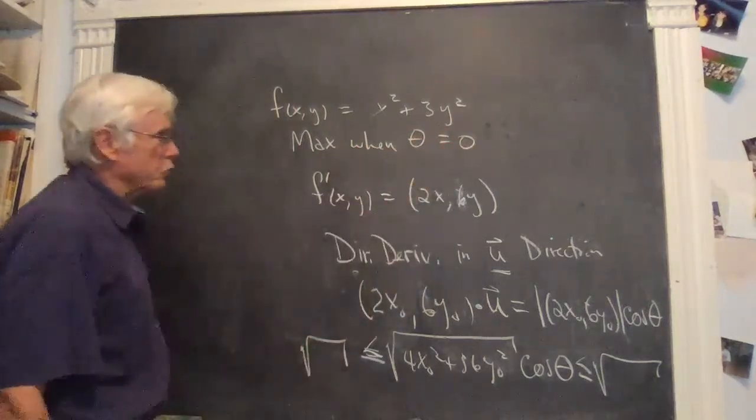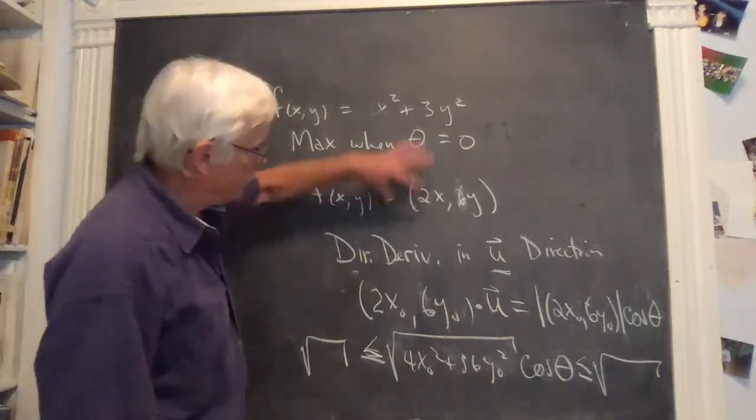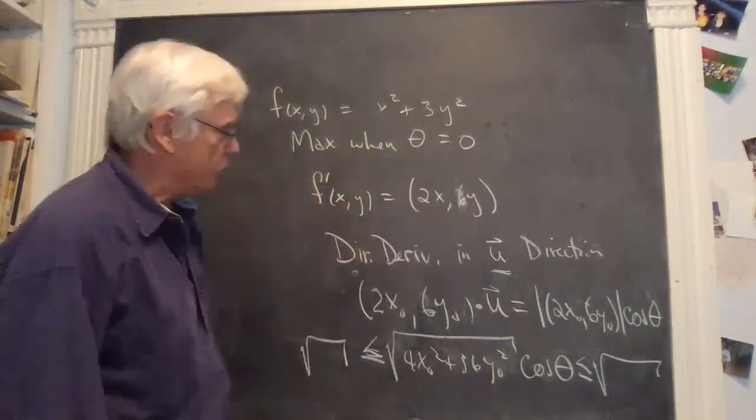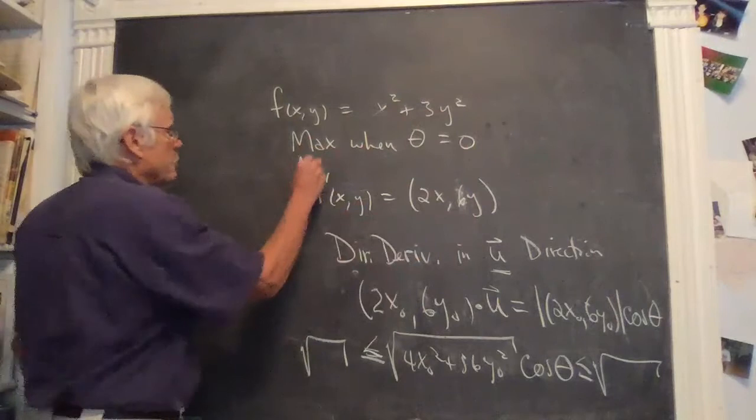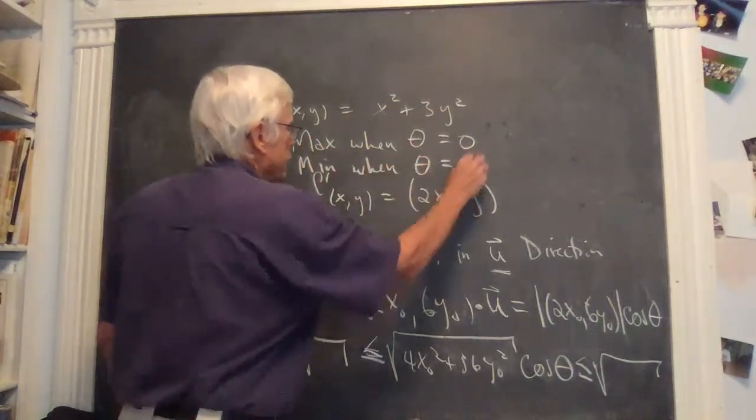So the directional derivative is maximal where this direction is the same direction as the gradient. And it's minimal when theta is pi.